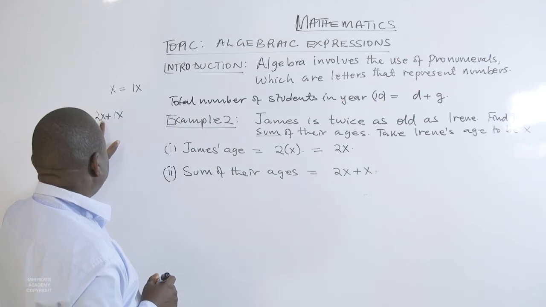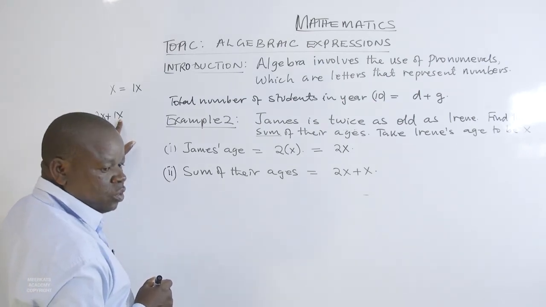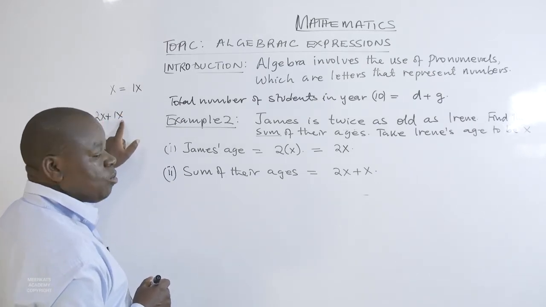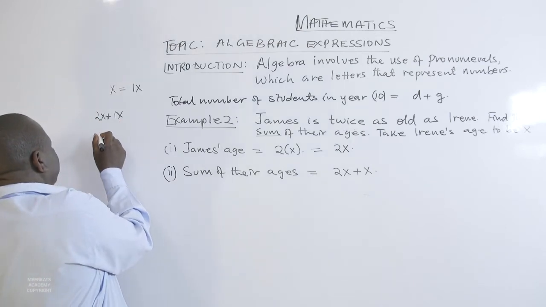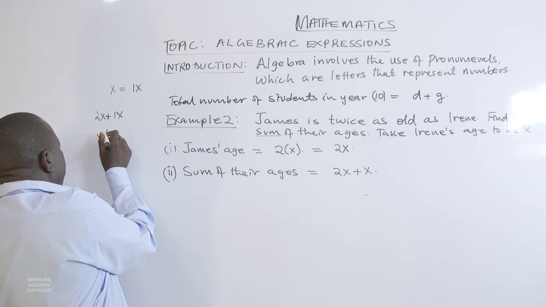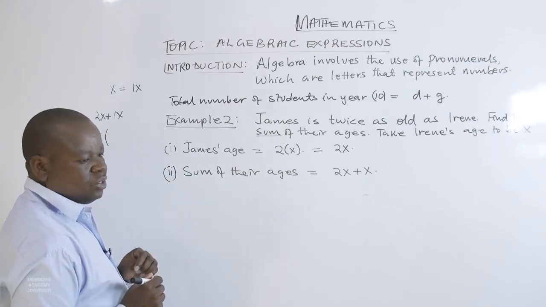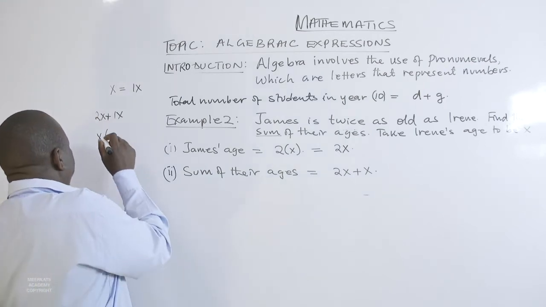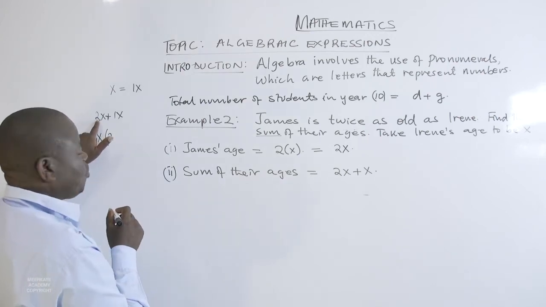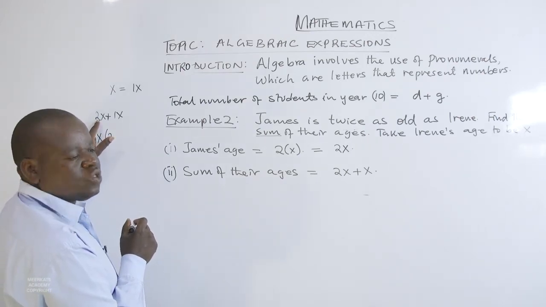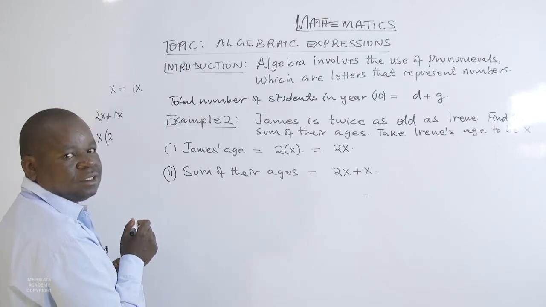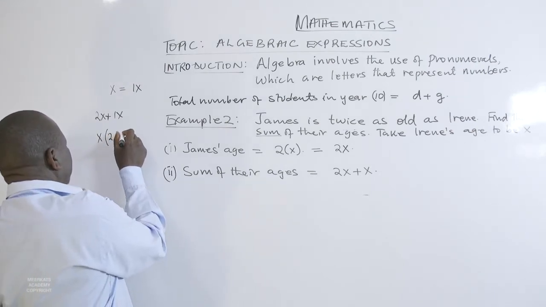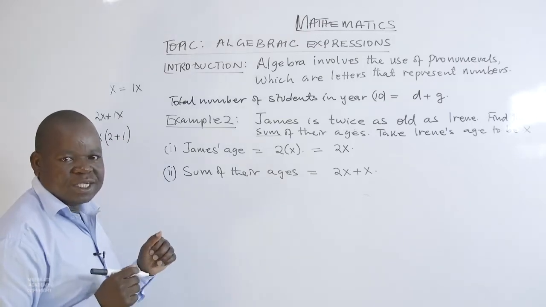Because x is here and x is there, we are allowed to filter it out because it is common, and write this as x into, we open the bracket, x into 2, plus 1. I will explain what these mean in our next example. Why are we doing that, class?